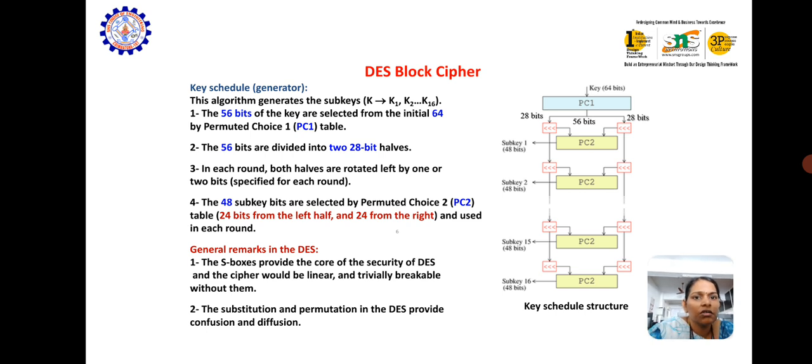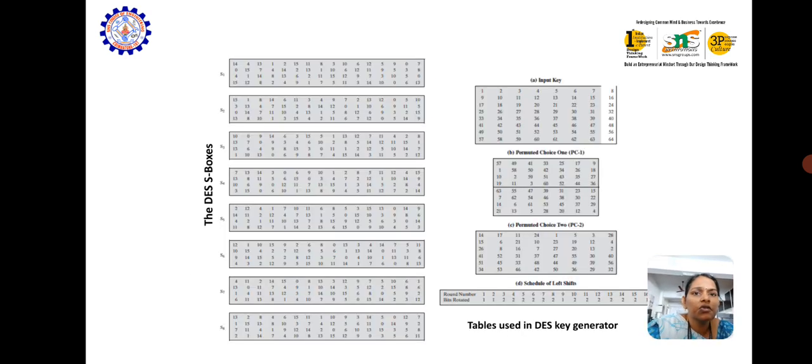The general remarks on DES: the S-boxes provide the core of the security of DES, and the cipher would be linear and trivially breakable without them. The substitution and permutation in DES provide confusion and diffusion.